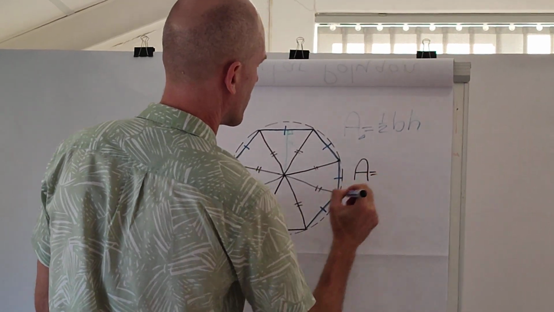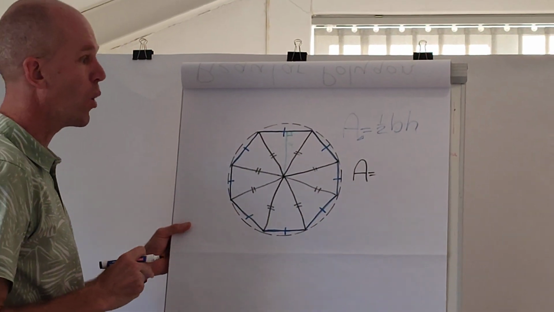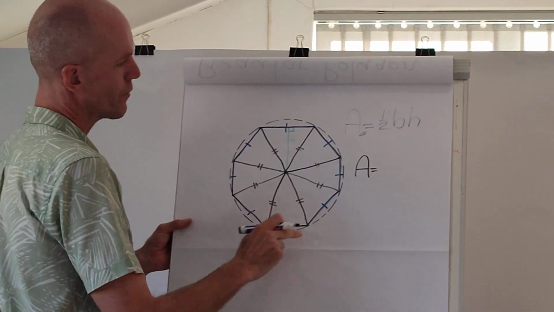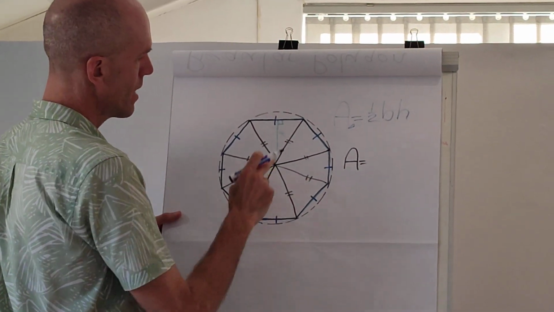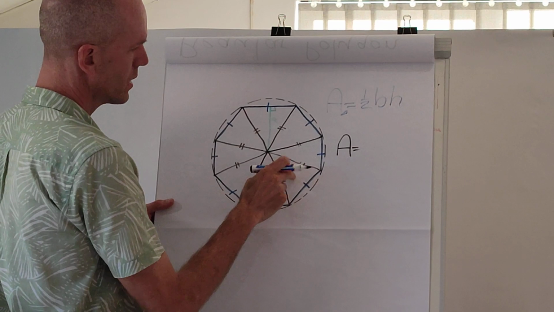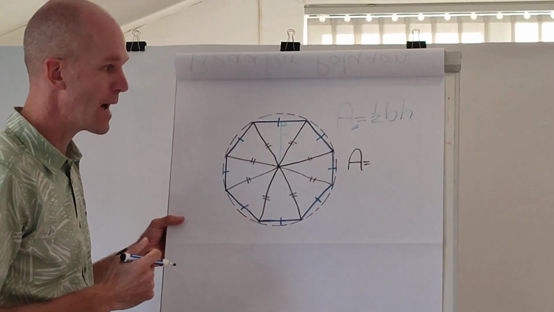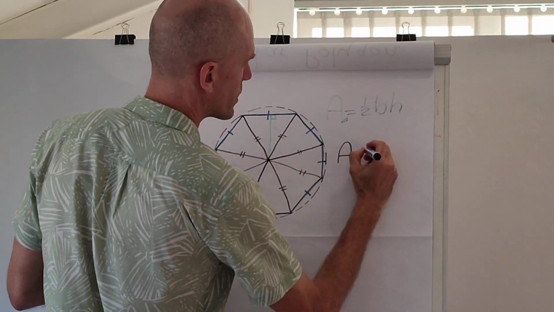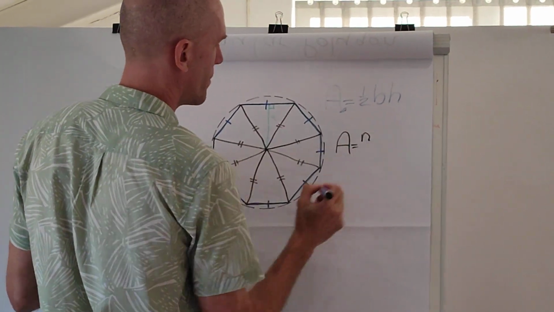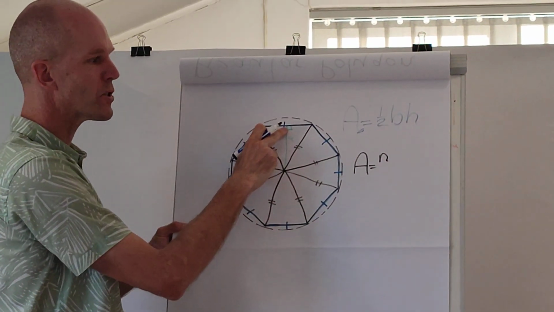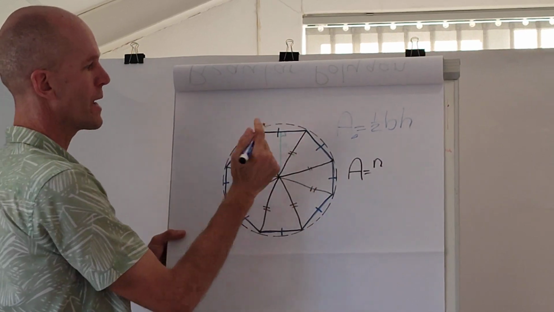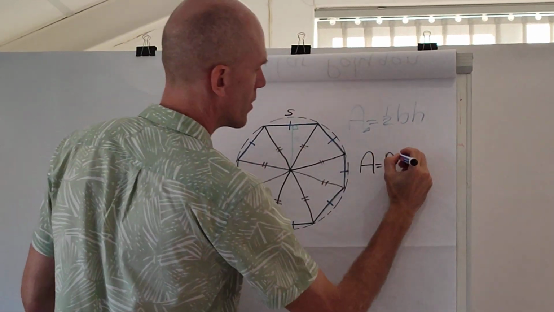But the formula for working out the area of the whole polygon would be the number of triangles, the number of sides of the polygon. So it's the number, the base. What we can actually call that is the side length.